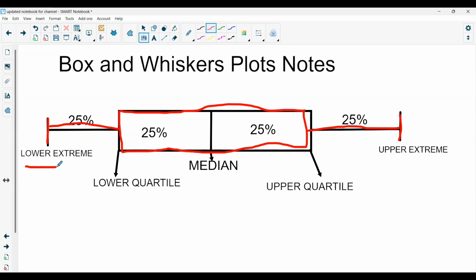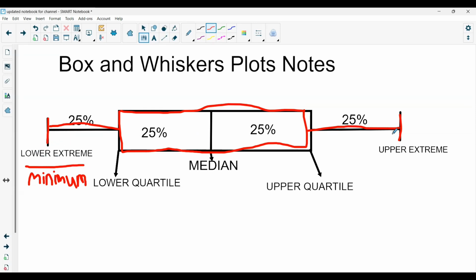Our lower extreme is the same thing as our minimum, okay? Just on our notes, what did the word minimum mean? The word minimum meant our smallest number. So your smallest number will go right here. Okay? That's your minimum. Lower extreme is another word for your minimum. You need to know both words. We have our lower extreme here, which is our minimum or our smallest number.